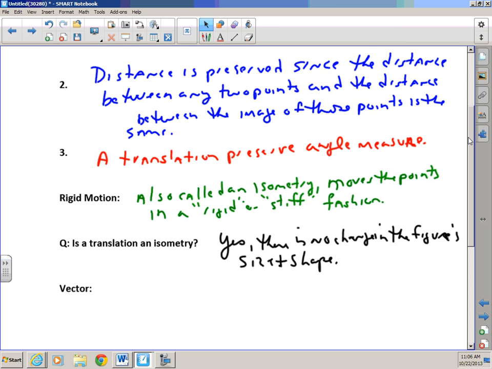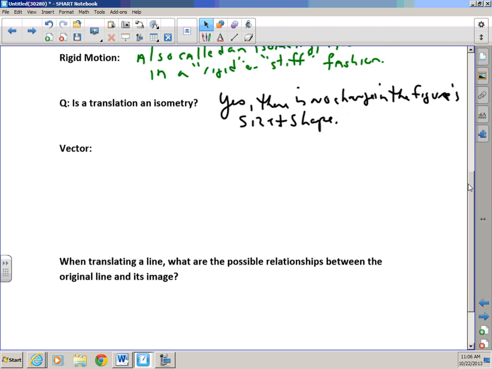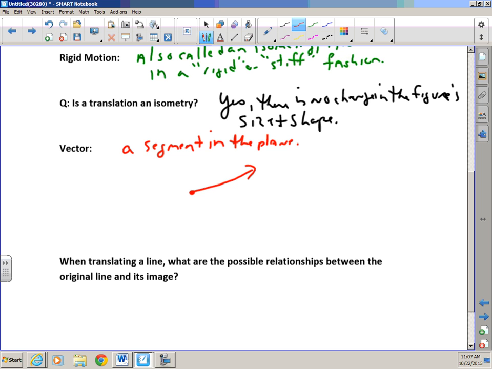Now, just to introduce a couple of other concepts. In math, we have what's called a vector. A vector is a segment in our plane. Plane is just 2 dimensions in math. So the way I would draw a vector is I have a beginning point or starting point.